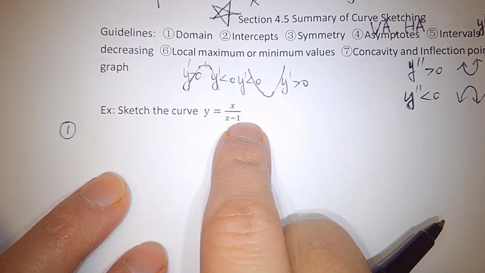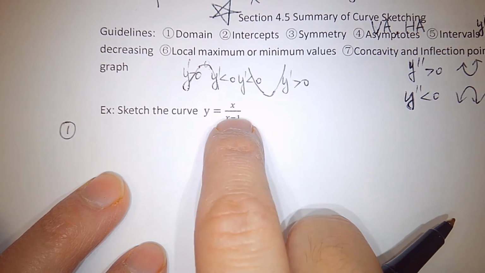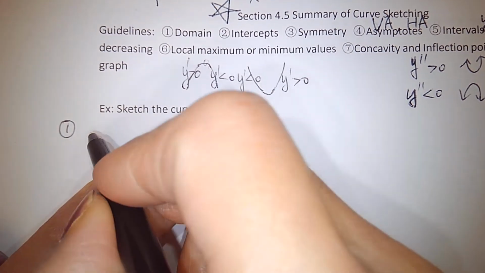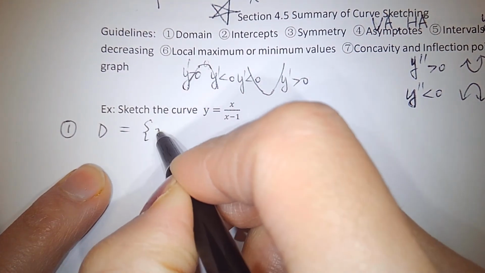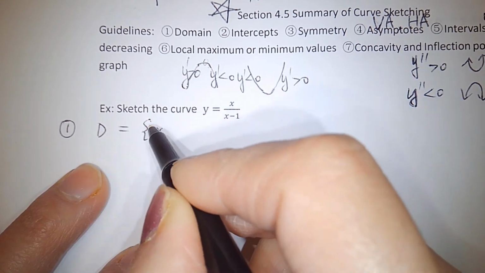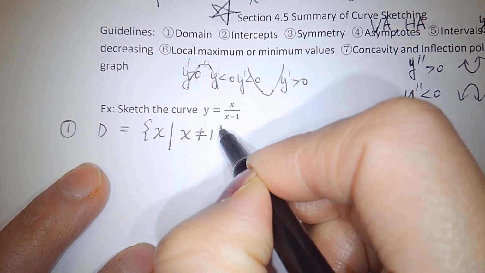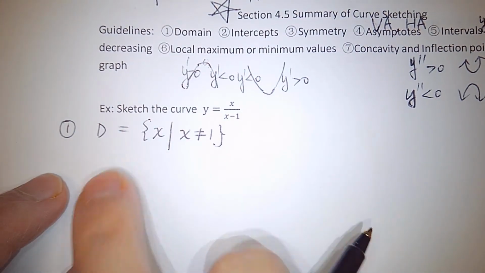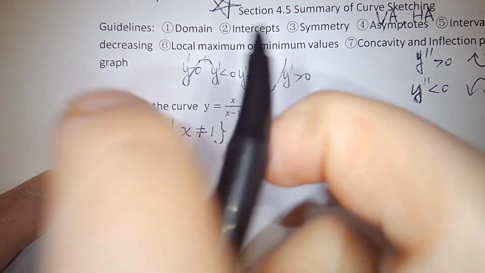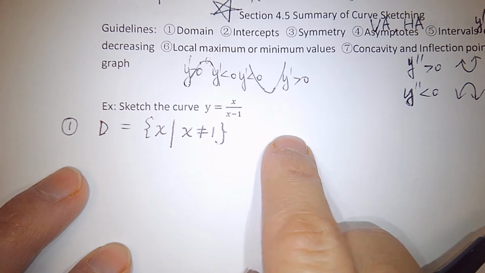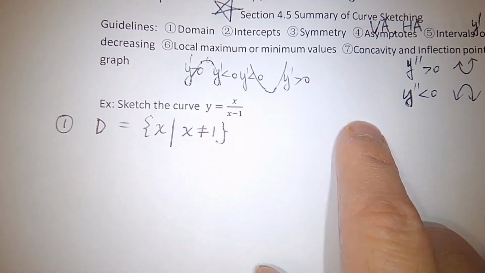X minus 1 cannot be 0, so x cannot be 1, so the domain D equals all real numbers, but x cannot be 1, right? This is set-builder notation. Or you can say all real numbers except the number 1.